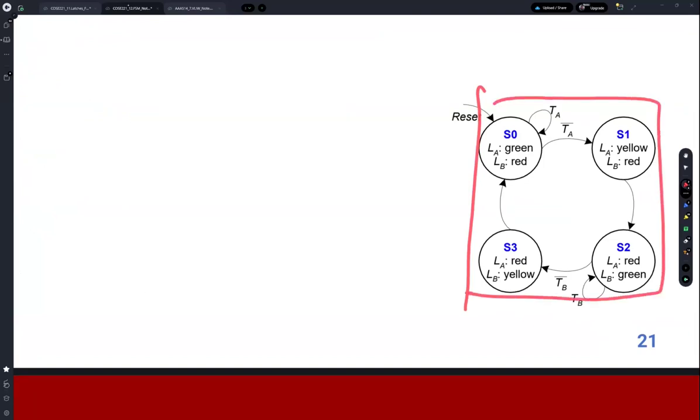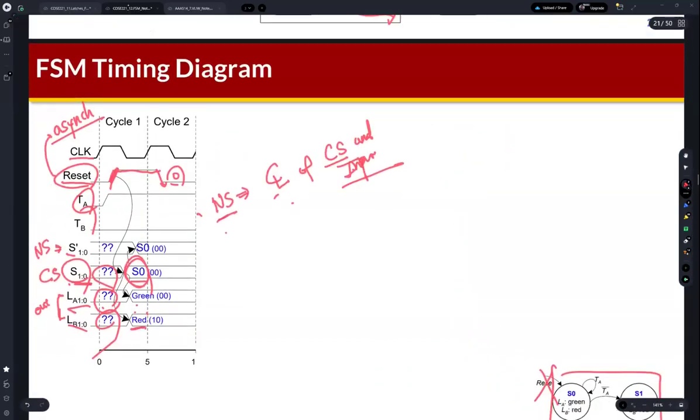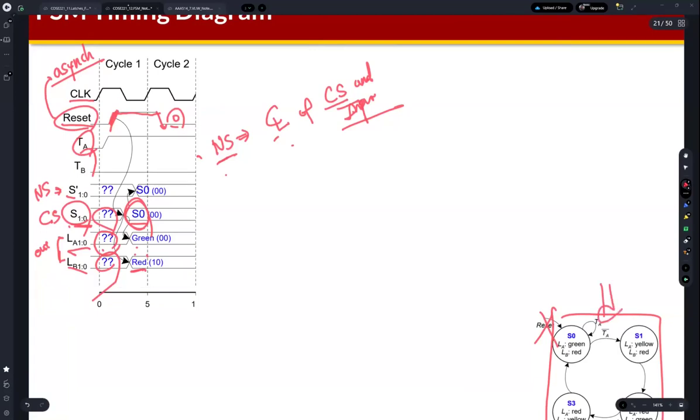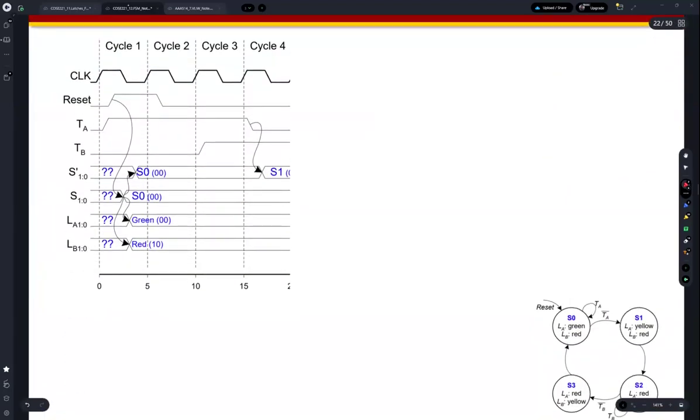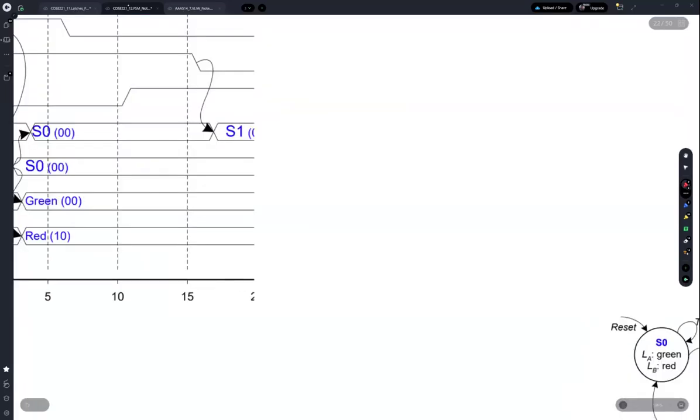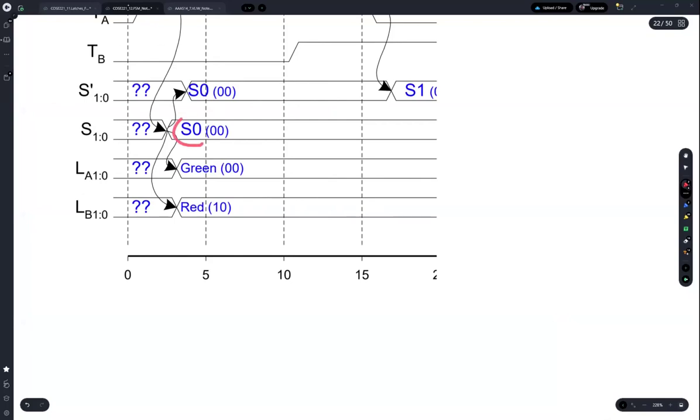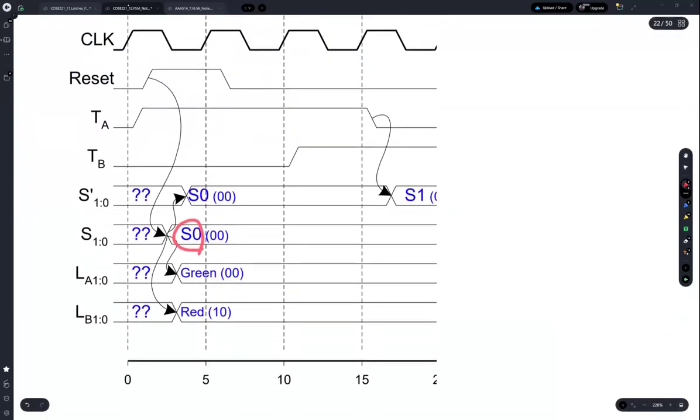We just ignore reset. So after this clock cycle, we need to consider this transition diagram. This is the normal state. Now the current state is S0 here, and the reset is 0. So it's a normal state at this point, right?